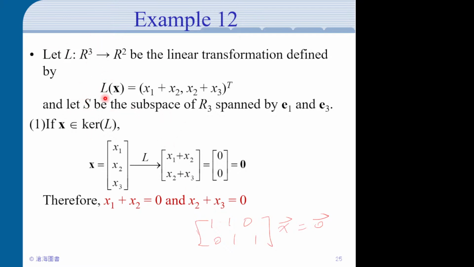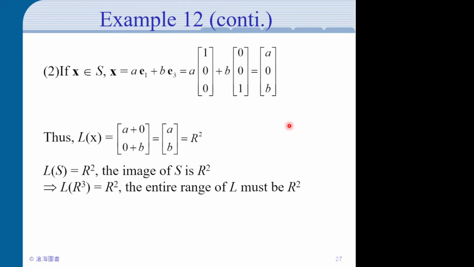We want to find the image of this subspace S, and the subspace S is spanned by E1 and E3. So this S is whatever A, 0, and whatever B is spanned by E1 and E3. And then we try to see what the image of it is, so we put this A0B into L, and we see it's AB, and so here is whatever AB, then obviously the image of it is everything.